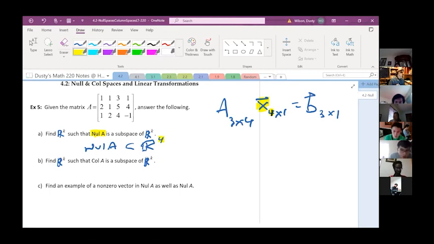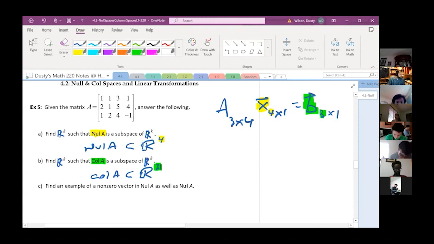I'm just saying in this case that the null space is a subset of R4. Okay. And then the column space, these would be linear combinations of the columns, is coming from the B's, which are in 3 dimensions. So the column space of A is a subset or subspace of R3.